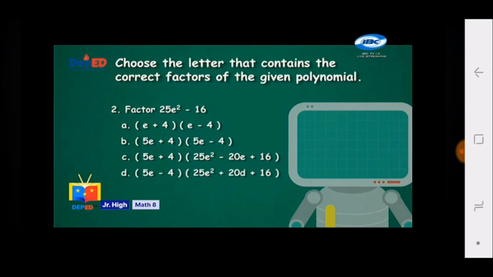Or D, 5e minus 4 times the trinomial 25e squared plus 20e plus 16? The correct answer is B, 5e plus 4 multiplied by the quantity 5e minus 4.